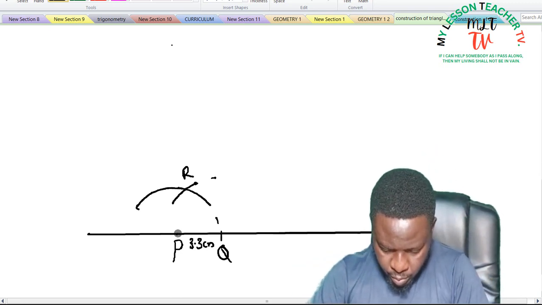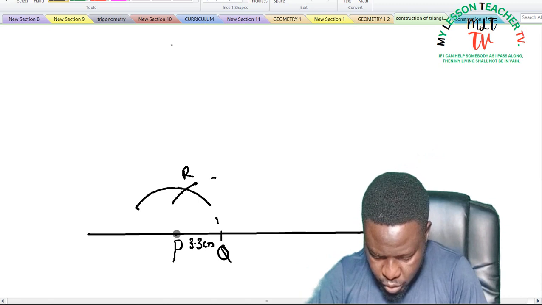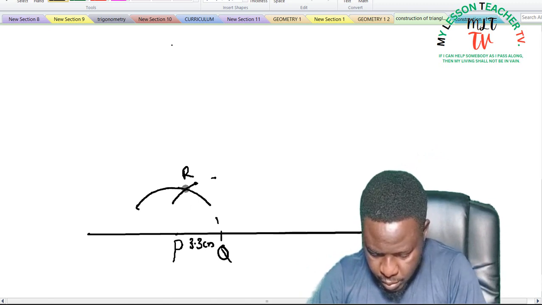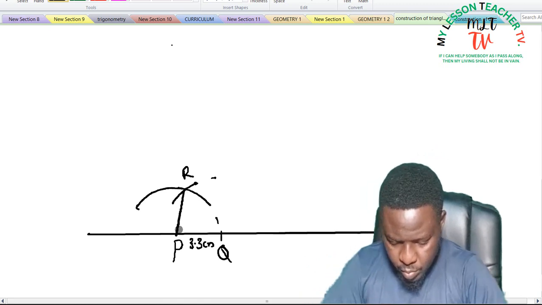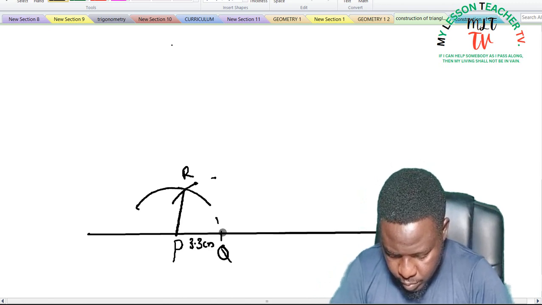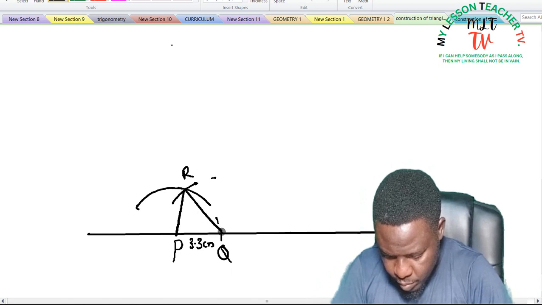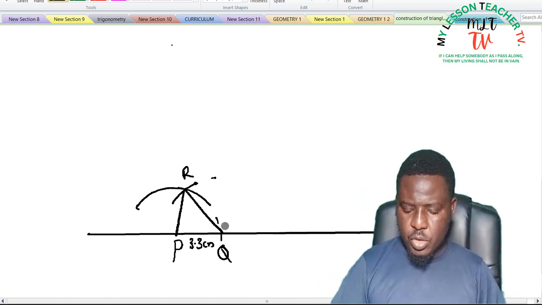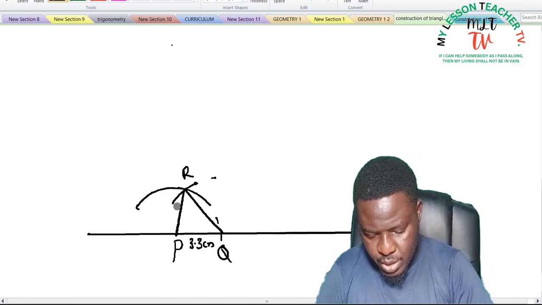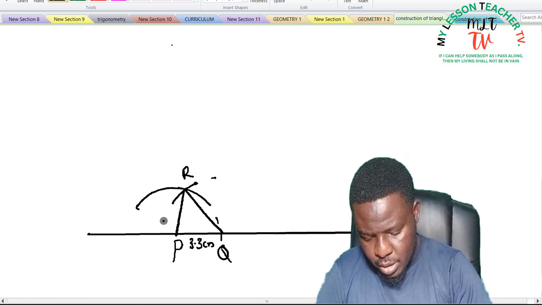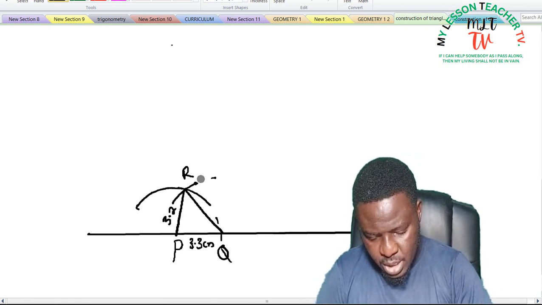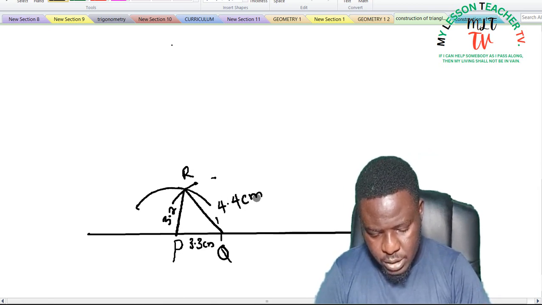So you test to ensure. Okay, so this simply means PR is said to be 3.2 centimeters and QR is said to be 4.4 centimeters.